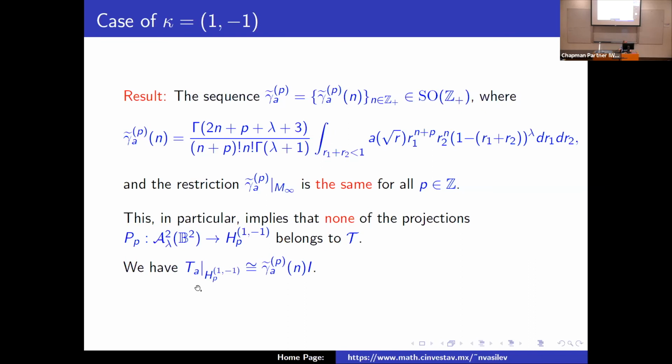And the Toeplitz operator with this symbol restricted to the invariant subspaces is unitary equivalent to its spectral sequence.